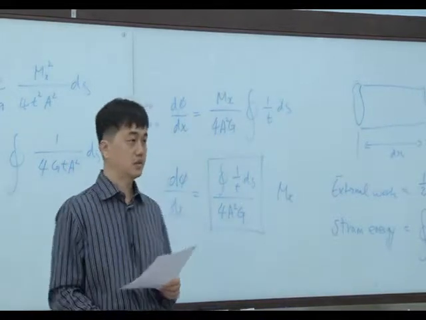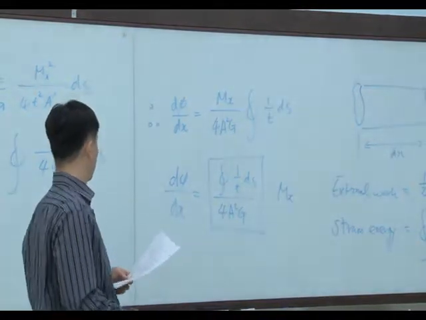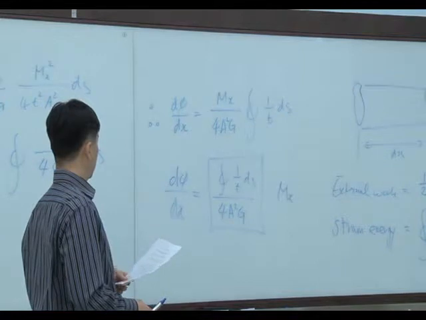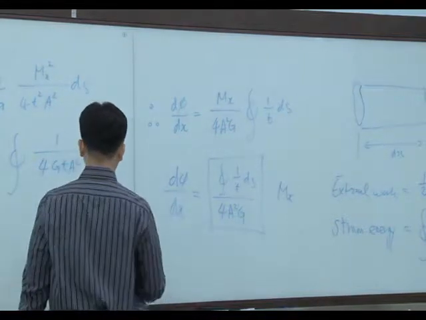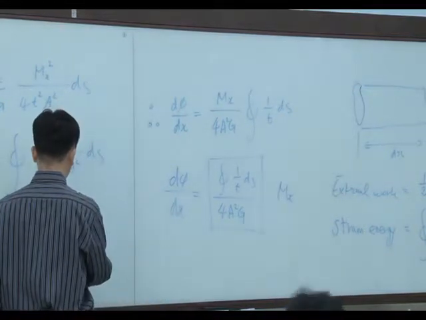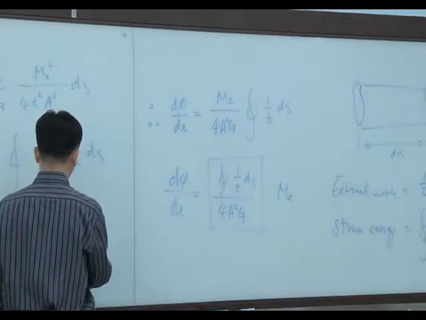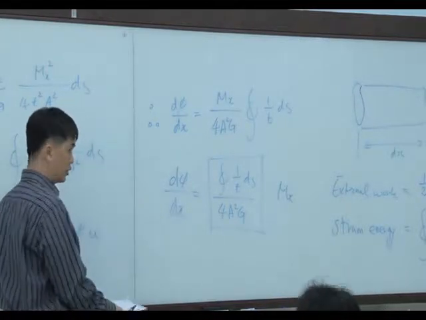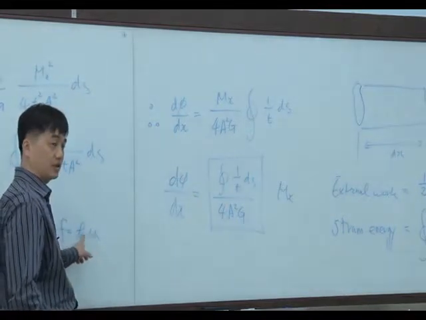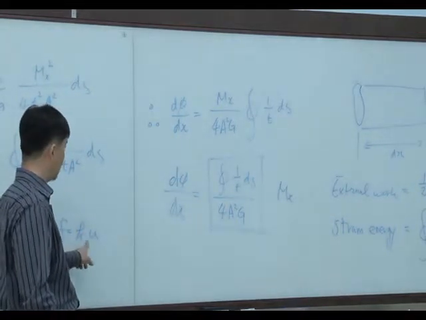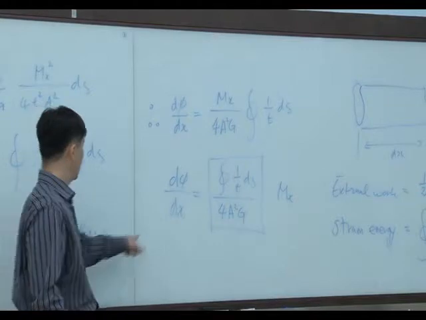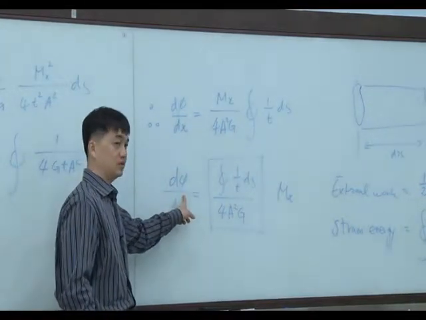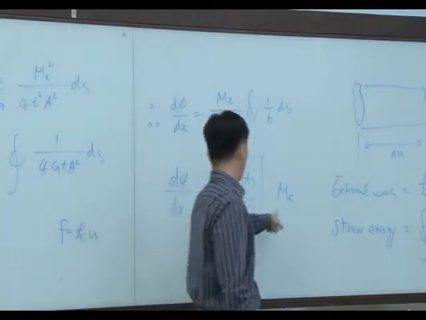Okay, this is the spring, right? Spring force F equals K U, where U is displacement, F is force, and this is the spring. Here, rotation is the displacement and M is the moment.